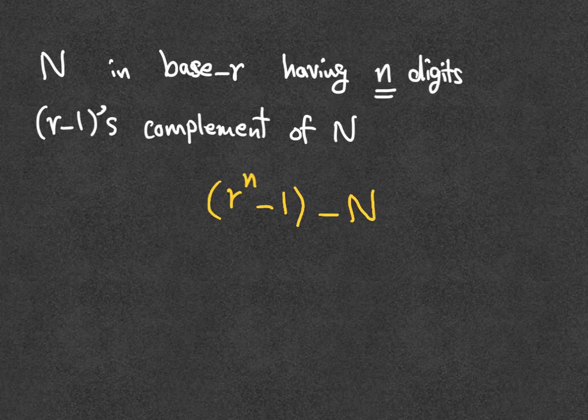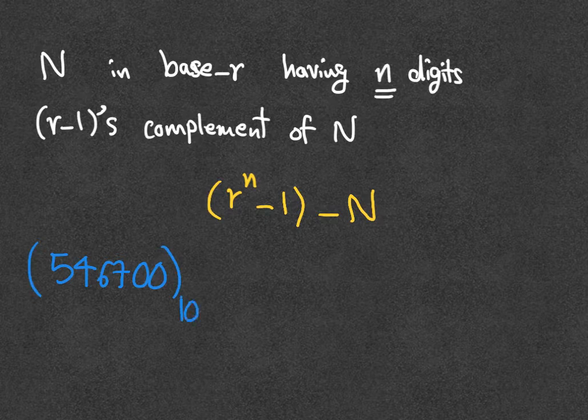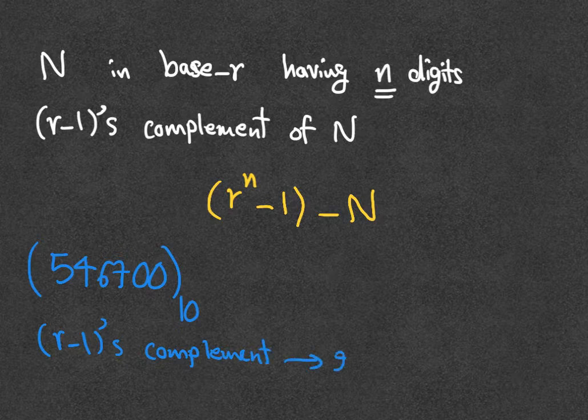Okay. For example, if you have a decimal number, this is base 10, and you want to compute R minus 1's complement, which, since this is base 10, is the 9's complement. So how do you compute it?